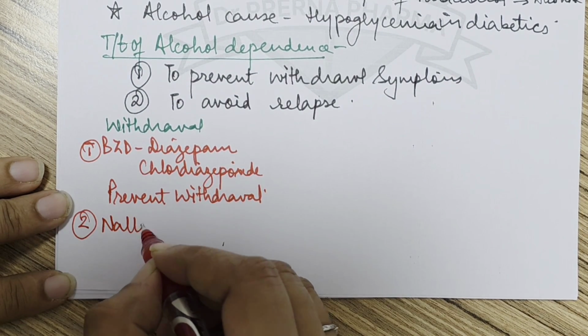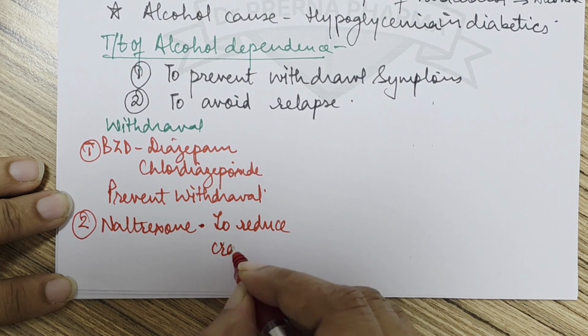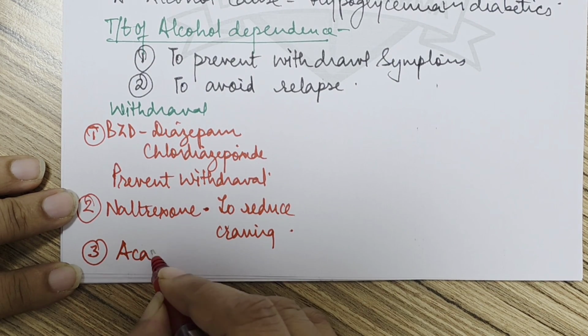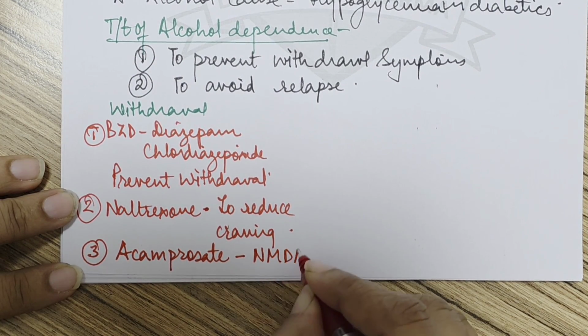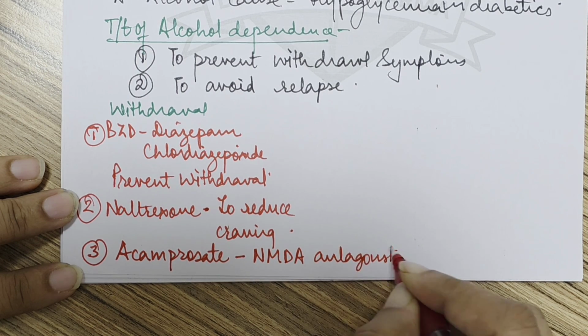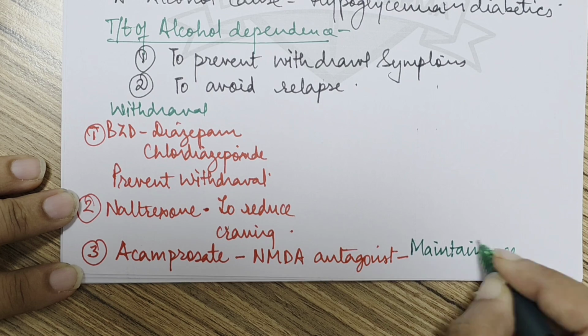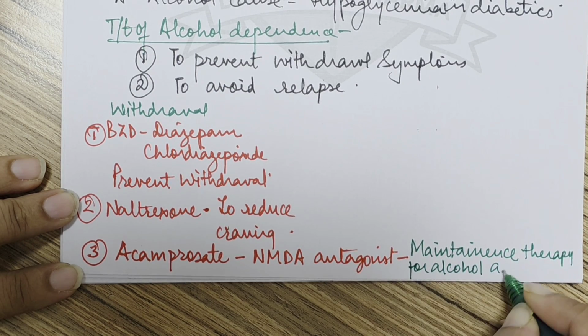Second, naltrexone can be given to reduce craving. Okay. And the third, another drug is there, that is acamprosate. Acamprosate is an NMDA antagonist, and it is used, please remember, as maintenance therapy for alcohol abstinence.